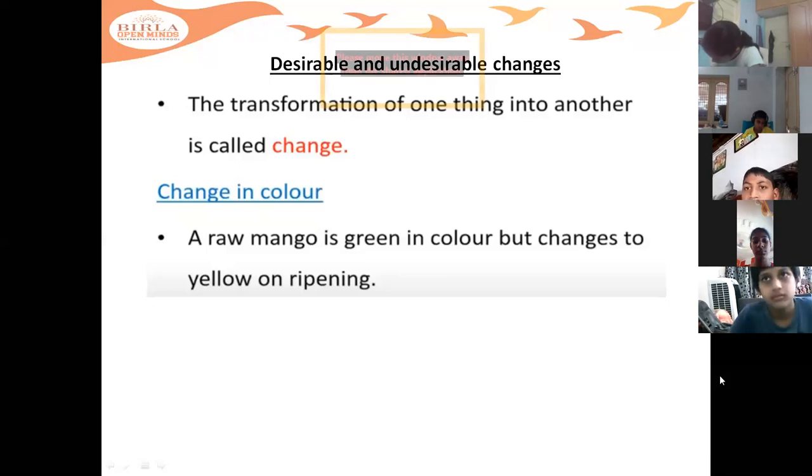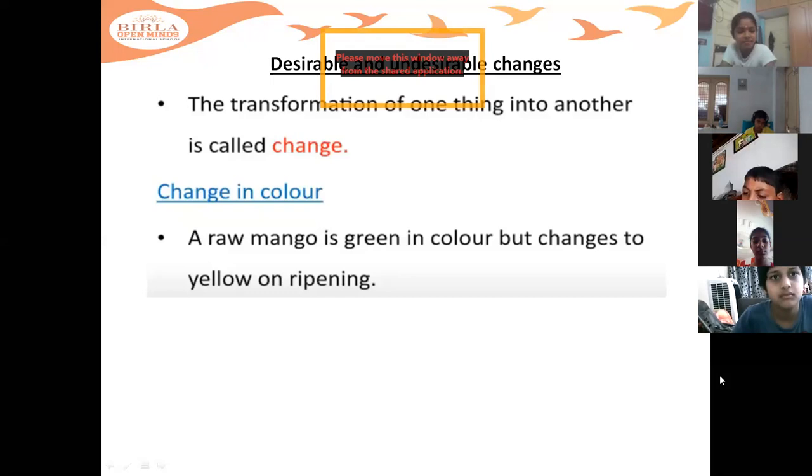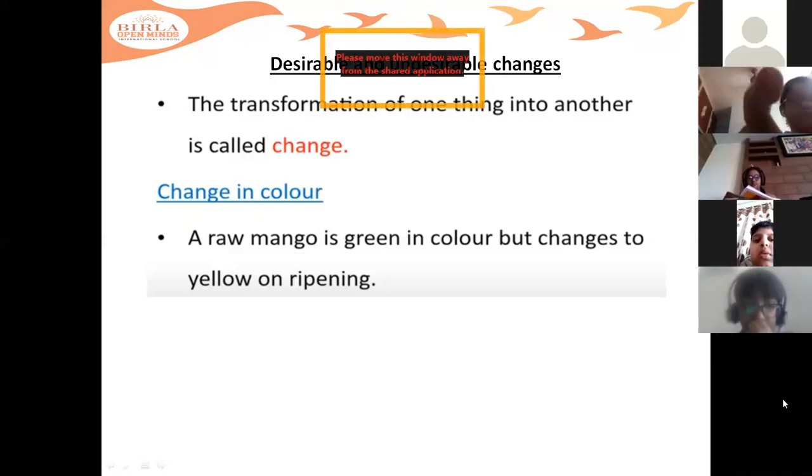It is a desirable change for you if the teacher is going away from the class. Ma'am, you said position, no, ma'am. Yeah. Position in the sense anything which is desirable or undesirable.